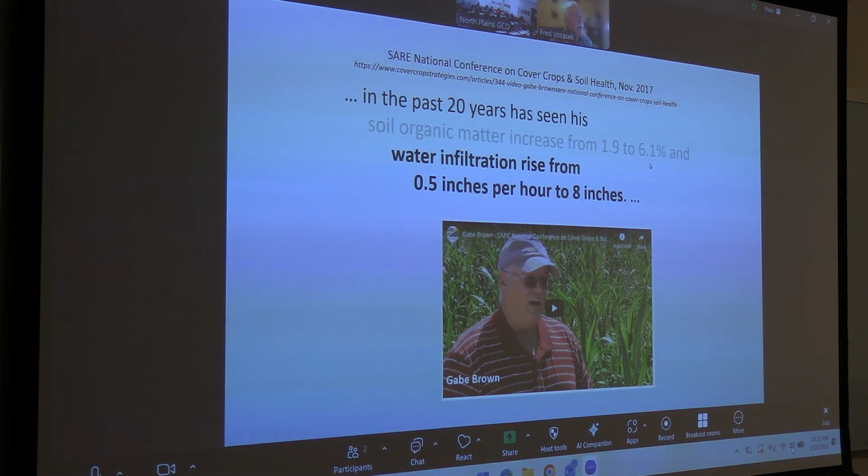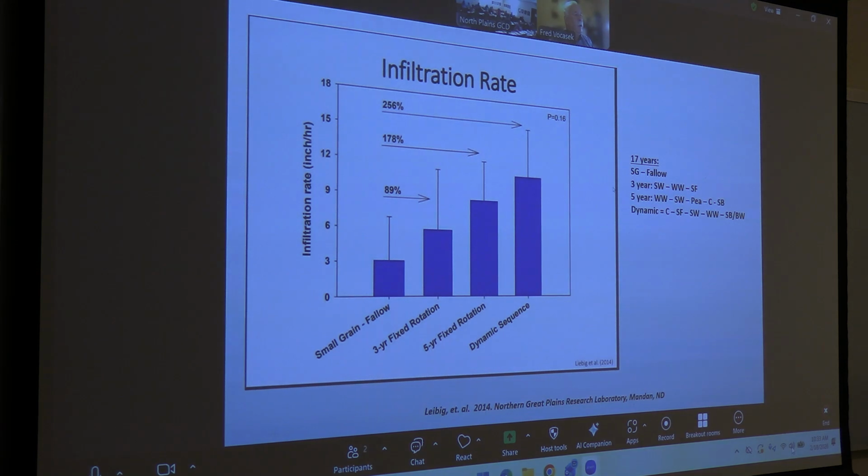This is an example. This fellow, Gabe Brown, he's kind of a guru of soil health, and this was a statement he made. He was talking about his water infiltration going from ½ inch per hour to 8 inches per hour. So that's fairly impressive over 20 years. And he said it's because of his management system and some things he's done. Well, I don't know if this was done on his ranch, but this was a study by the USDA.